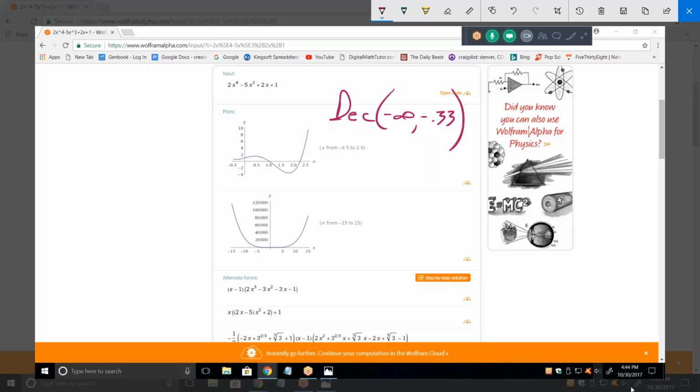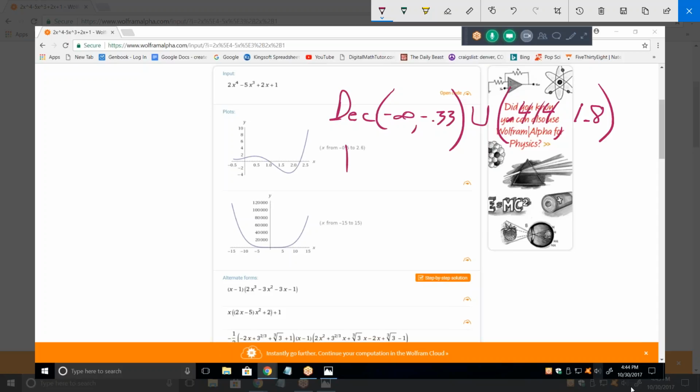Okay. Where else? Isn't it the 0.414 to 1.8? We're looking for where it's decreasing. So those are the two intervals.